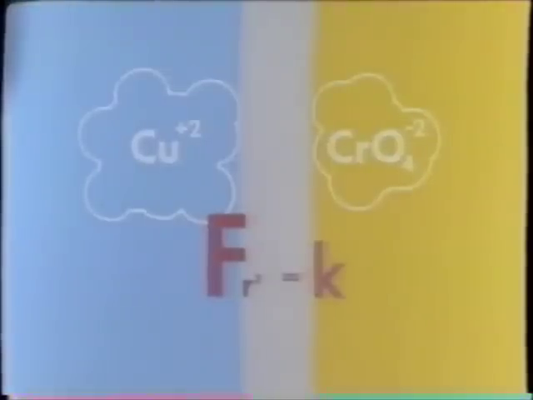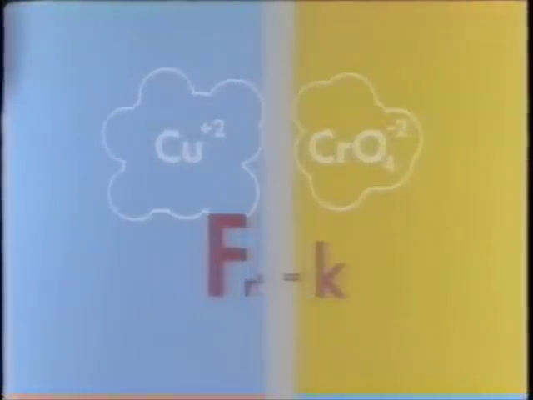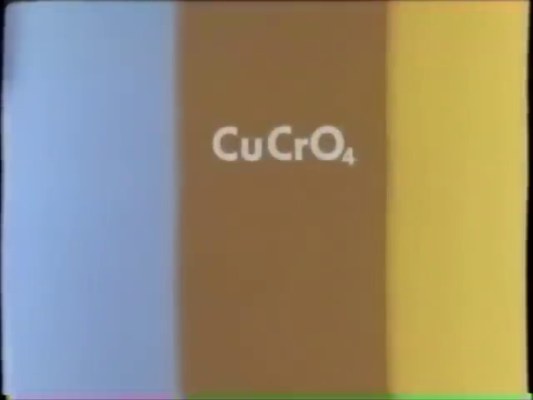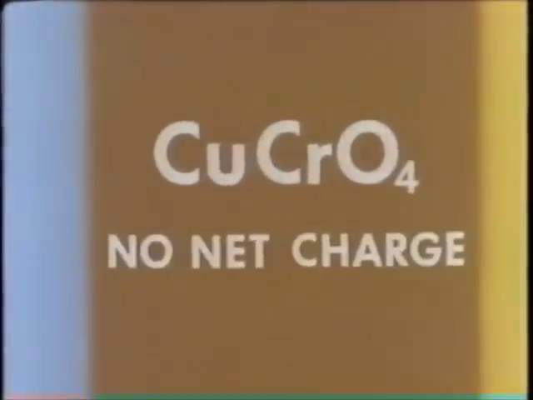Instead of passing one another, most of these oppositely charged ions attract one another, adhere, and form copper chromate, which has no net charge. CuCrO4 precipitates. Electric forces hold the solid together.